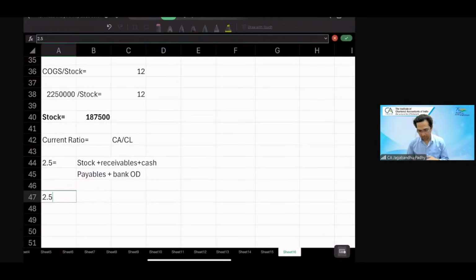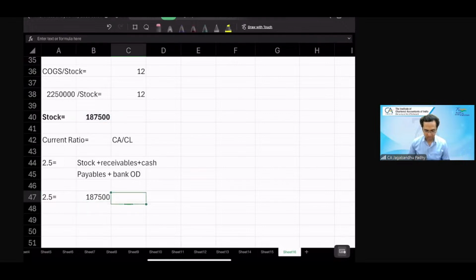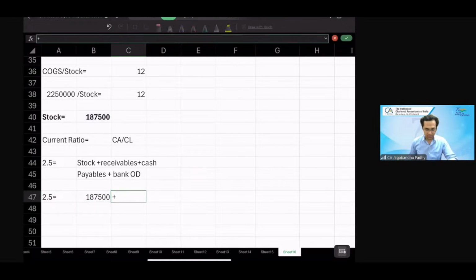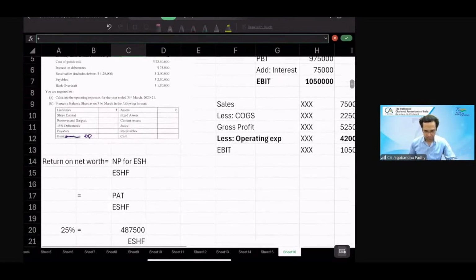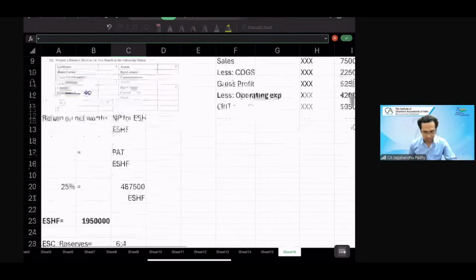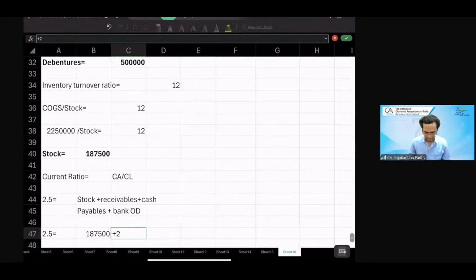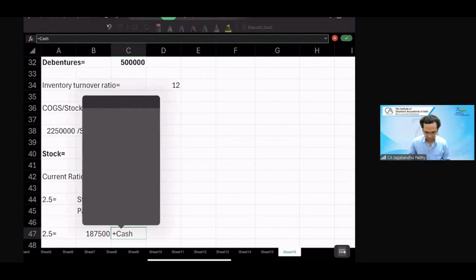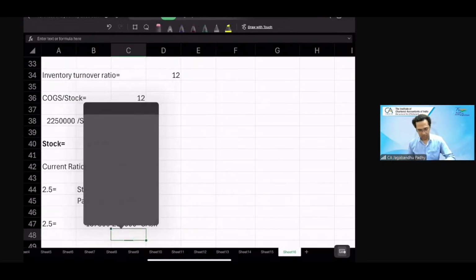So this 2.5 is equal to, we've got the stock value as 1,87,500. To that we will add the receivables, given as 2 lakh. And to that we need to add cash.